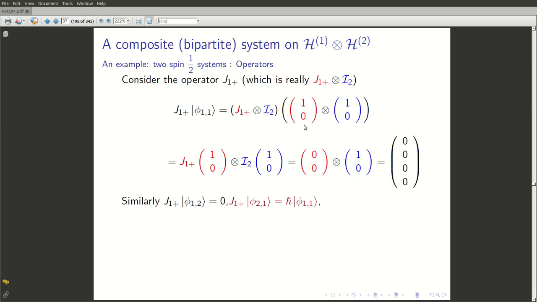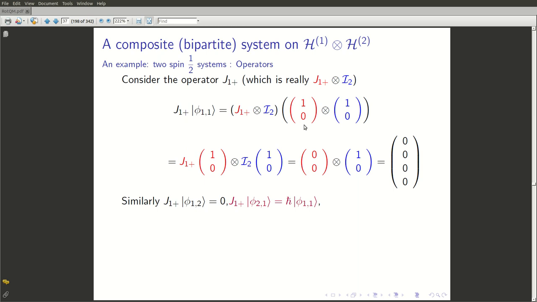When J1 plus ⊗ I2 hits that, J1 plus hits (0, 1), making it (1, 0), times h bar, of course, and I2 hitting (1, 0) gives you (1, 0). So what you are left with is basically (1, 0) ⊗ (1, 0) times, of course, an h bar, and (1, 0) ⊗ (1, 0) is phi 1, 1.